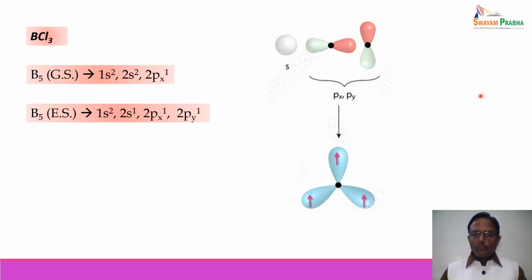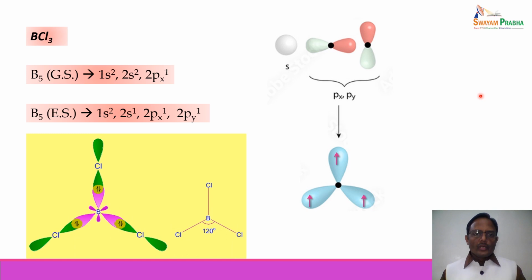Now they form bonds with the pz orbitals of three chlorine atoms, leading to formation of the BCl3 molecule. Because of the trigonal planar sp2 hybridization, the Cl-B-Cl bond angle is exactly 120 degrees in this molecule.